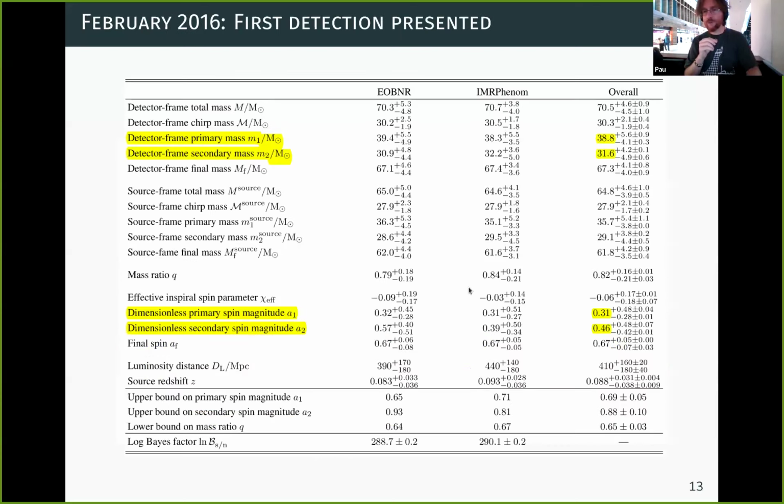The first detection was exactly that. It corresponded to two black holes with masses of 40 and 32, basically at low spin values, although I am cheating here. If you look close enough, you will see that this is 0.31 plus 0.48 minus 0.28, and 0.46 plus 0.48 minus 0.43.